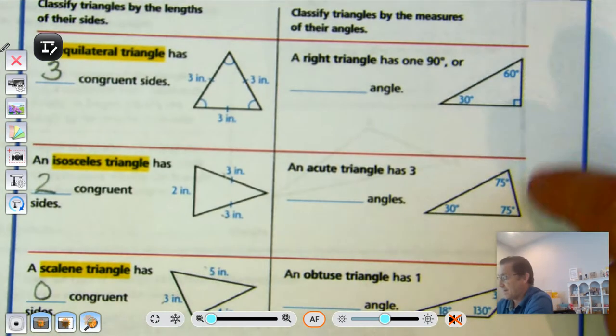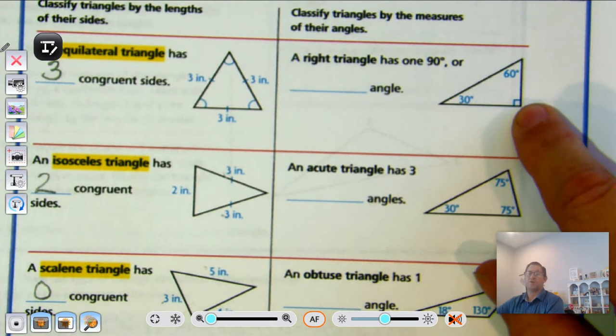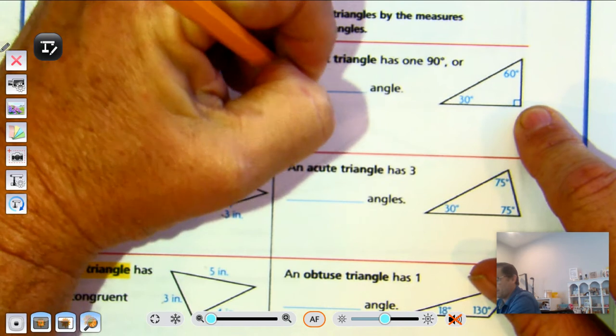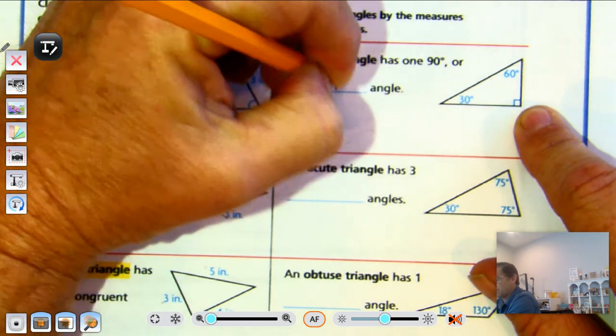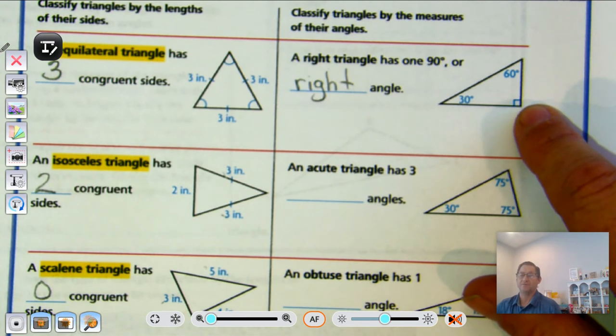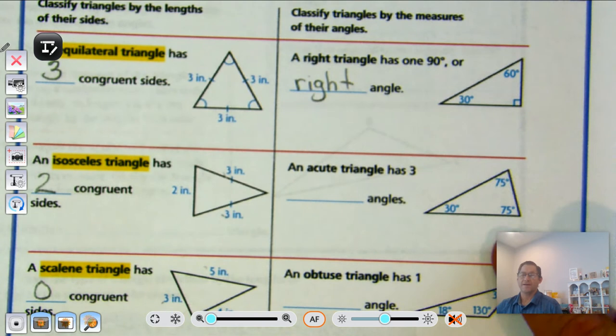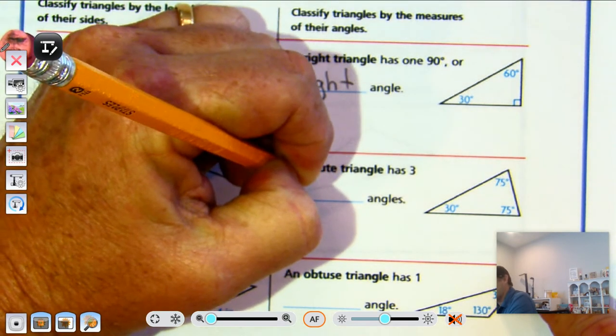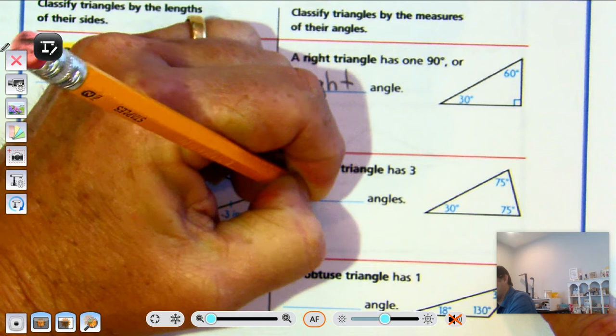Now on the angles, if a triangle has one right angle, we call that a right triangle. You can't have more than one right angle in a triangle. In an acute triangle, all the angles are less than 90 degrees.